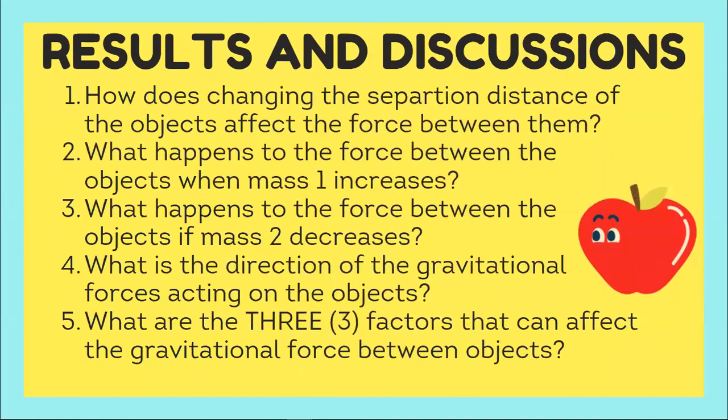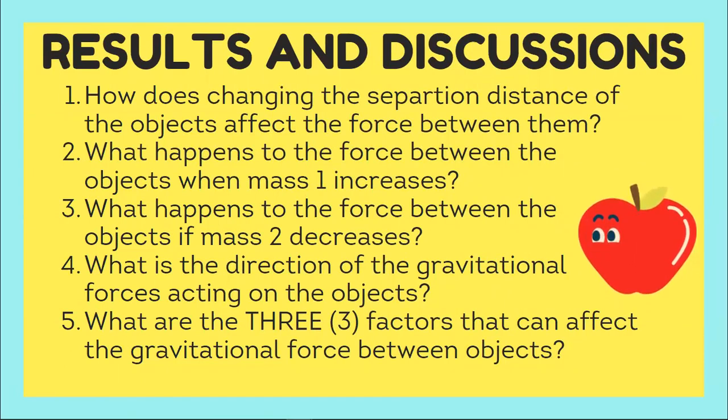results and discussion. So I want you to answer the following questions. Question number 1, how does changing the separation distance of the objects affect the force between the two objects? The second one, what happens to the force between the objects when mass 1 increases?